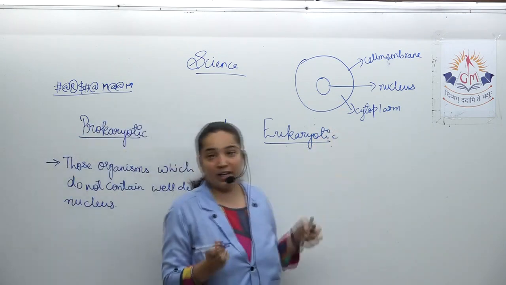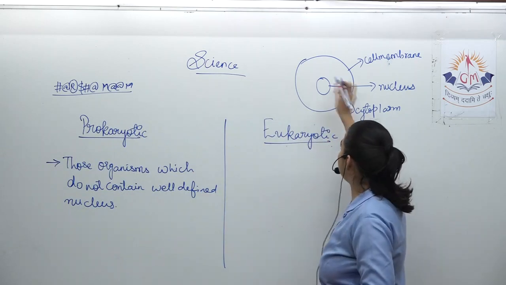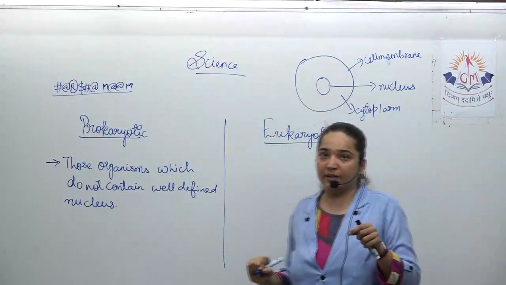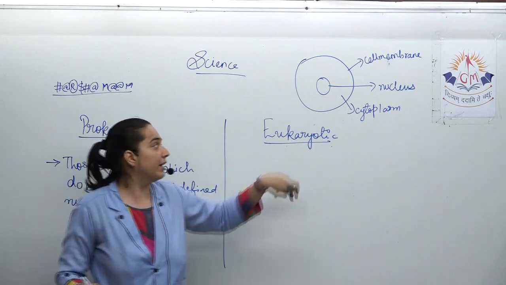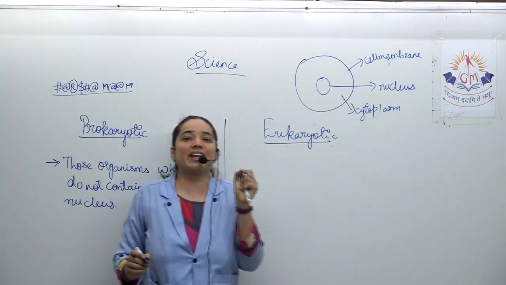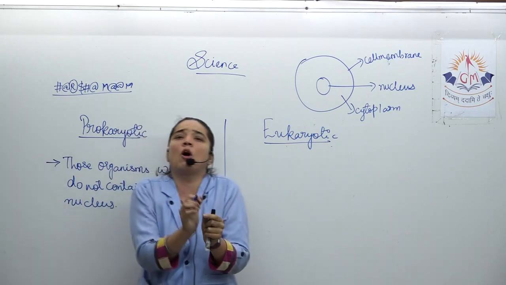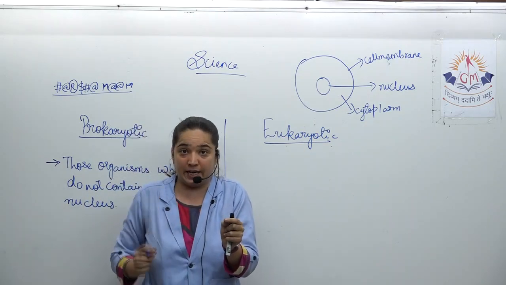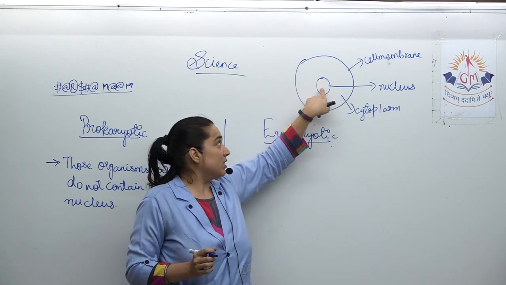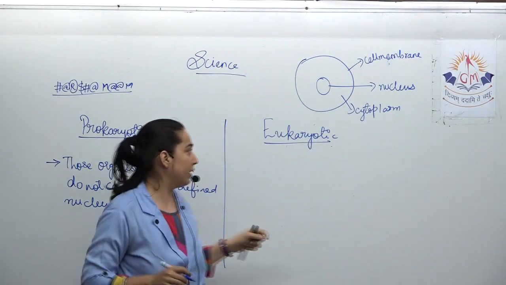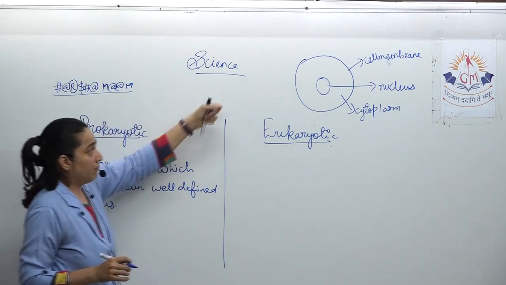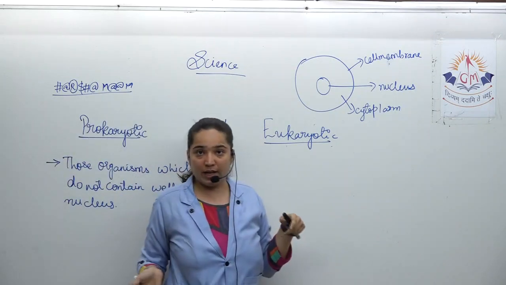Right now we studied that the nucleus contains all the DNA and the hereditary information, about which we are going to study in detail. So the nucleus has DNA material, a very important thing in the nucleus. Because the nucleus has DNA, it will be able to work on it, that is, it will be able to transfer all the hereditary information.